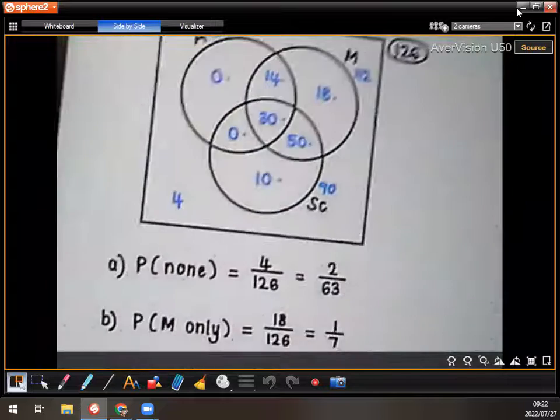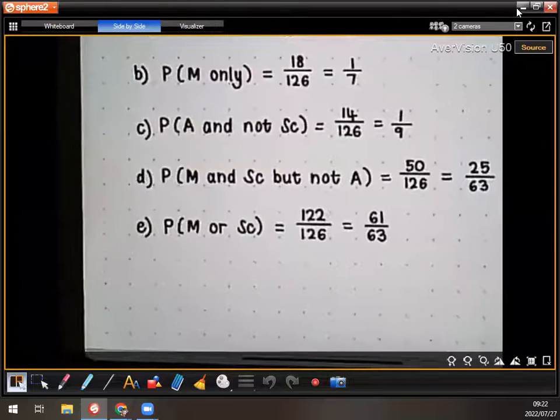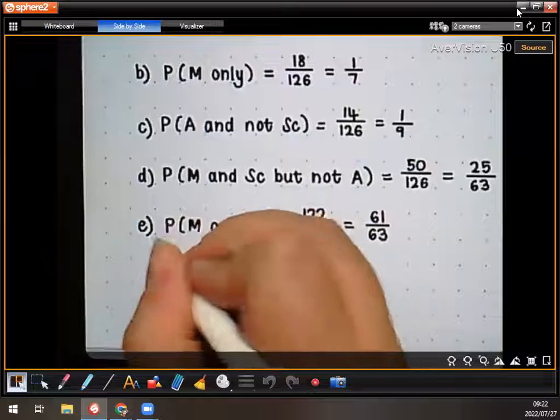Now guys, for E you could also have used the probability identity, and I would like you to just write this down.